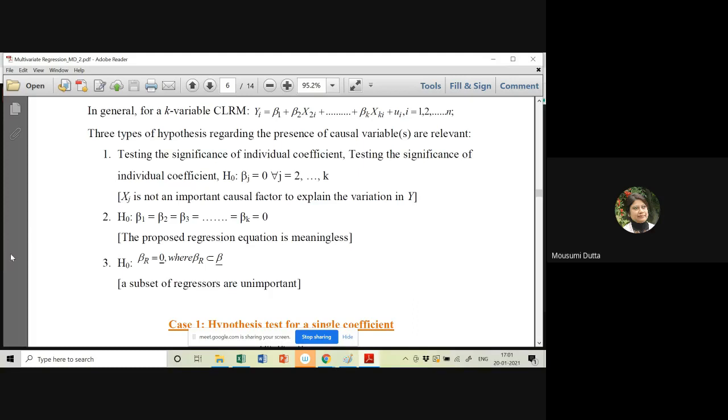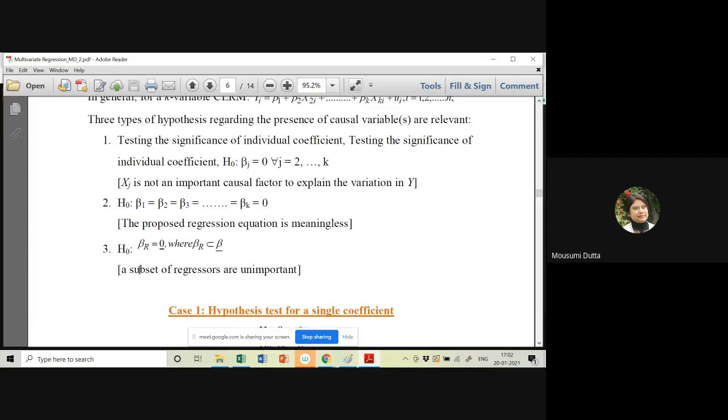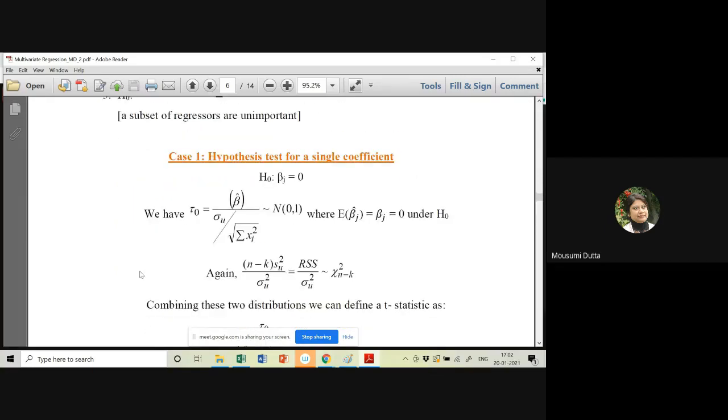So you are considering a relationship between the explanatory variables and checking whether this relationship is significant or not. That is another variety. Today I'll talk about the first and second, and tomorrow I'll talk about the third one.